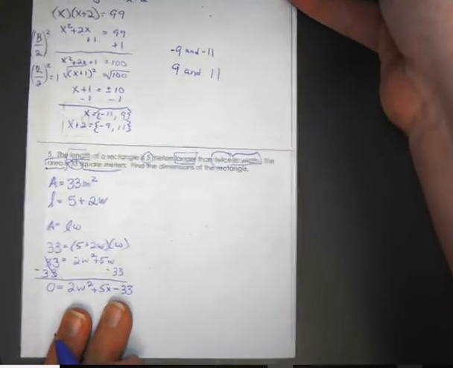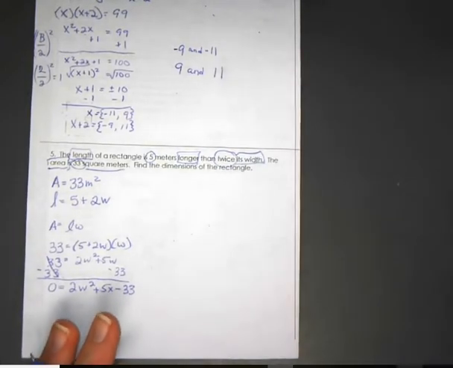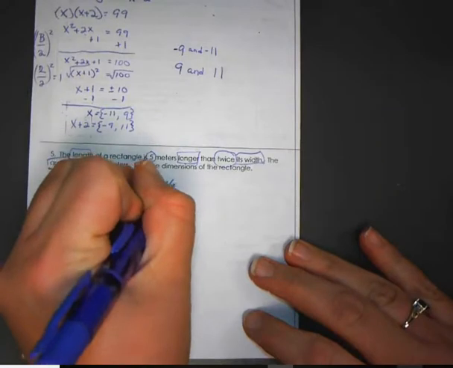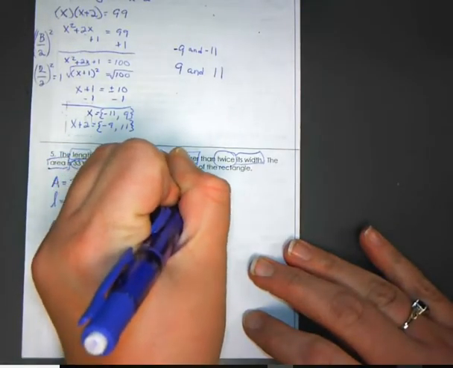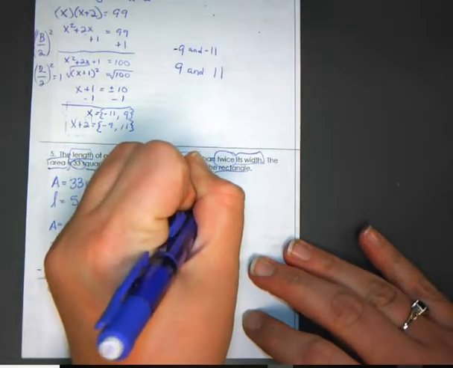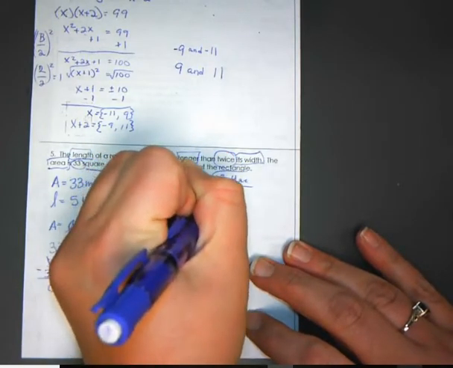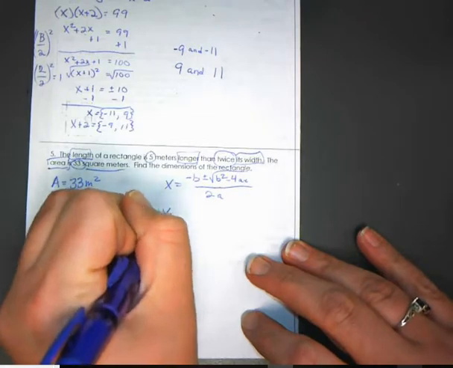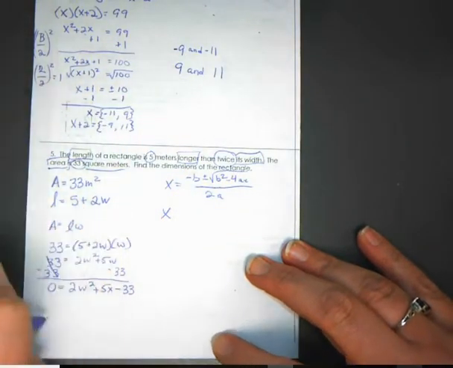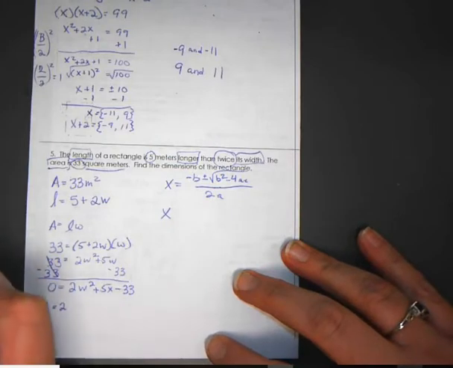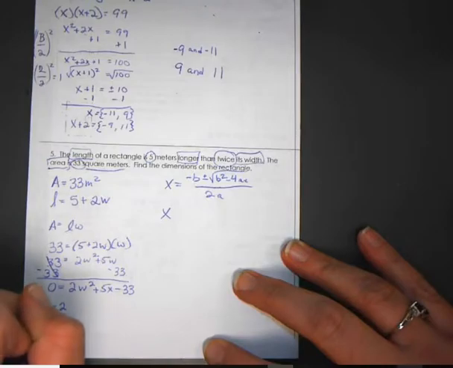So remember, our quadratic formula is x is equal to negative b plus or minus the square root of b squared minus 4ac. All of that is over 2a. Always write your formula. Okay, so we're going to go ahead and make our list. Our a is 2, our b is 5, and our c is negative 33.